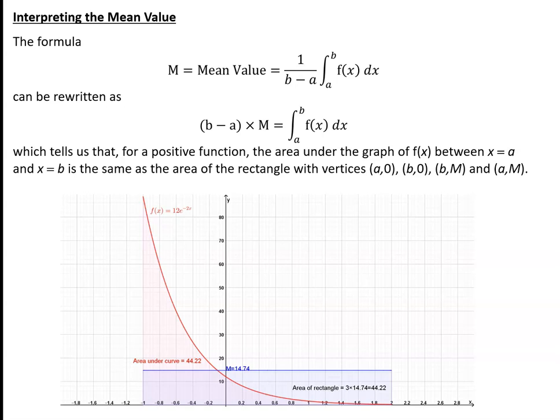The purple line gives us the mean value, and the area of the rectangle formed by minus 1, 0, 2, 0, 2m and minus 1m is the lightly shaded purple area, and the area of that rectangle is 44.22. So the area of the rectangle is the same as the area underneath the curve.